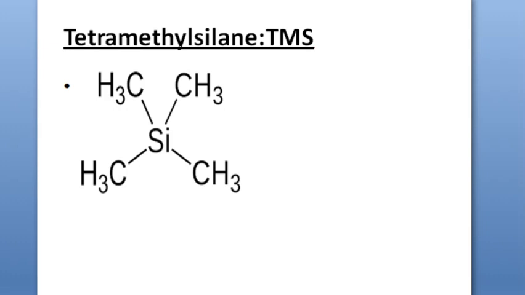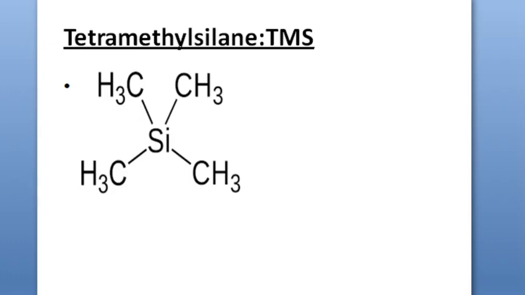And it is pretty easy to remove this tetramethylsilane from our compound or sample, because it is highly volatile and easily evaporated. It does not react; tetramethylsilane is mostly inert and does not interfere with our compound under investigation.